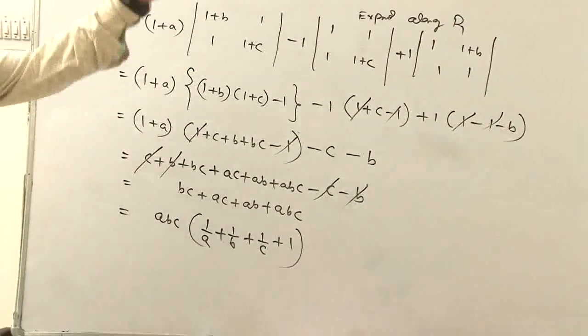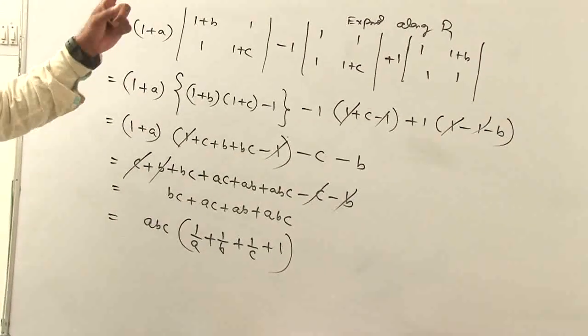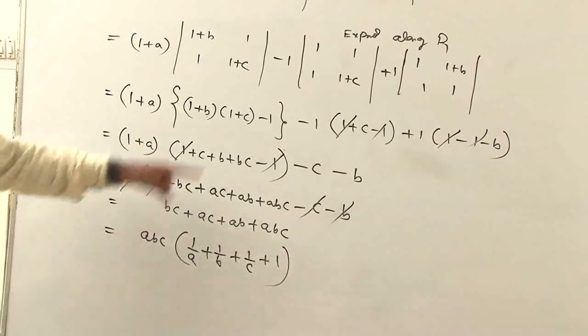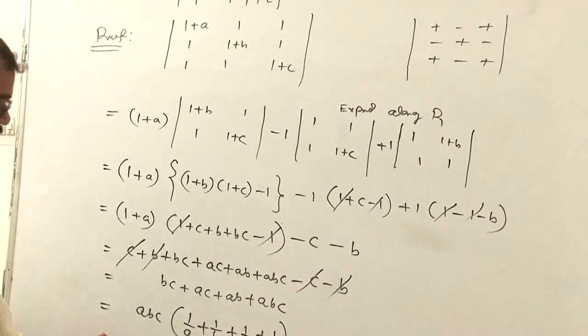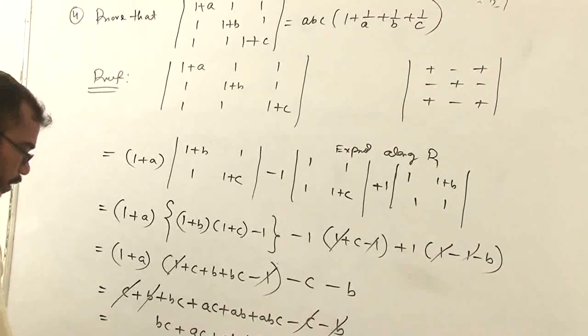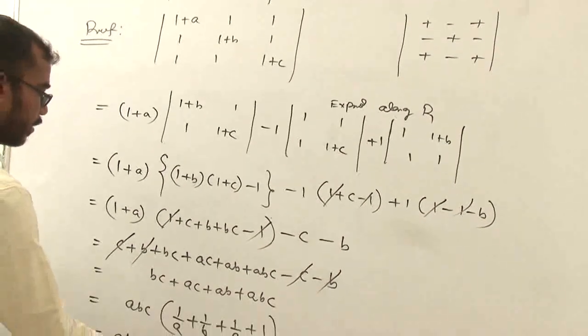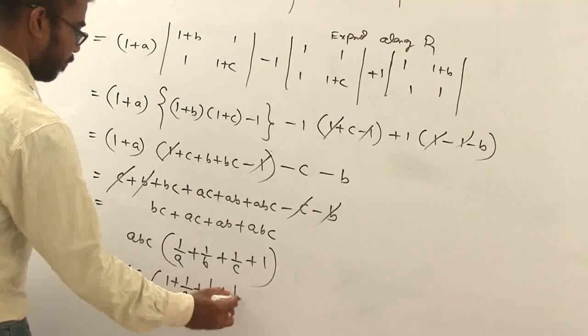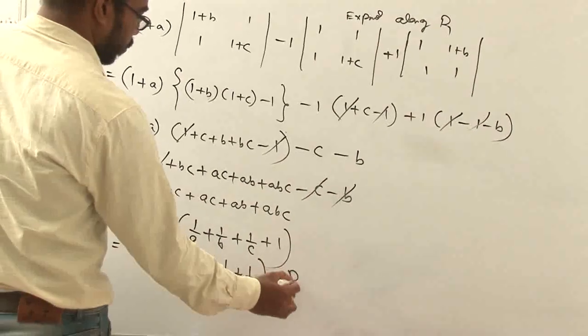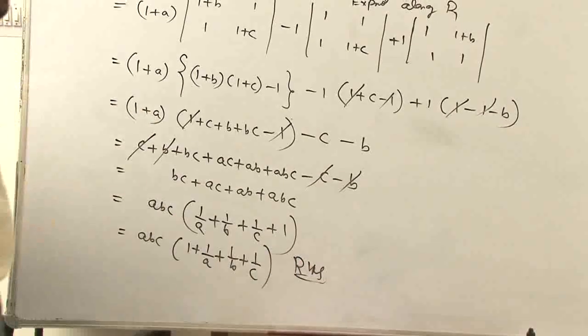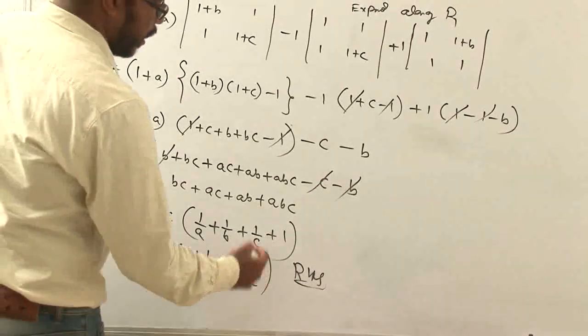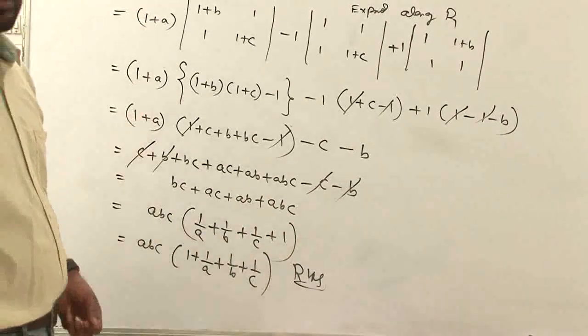Now you can see the RHS part is also the same as in the question. So you can write, according to the question, ABC into (1 plus 1 by A plus 1 by B plus 1 by C). So this is the proof, or you can say the RHS of the equation.